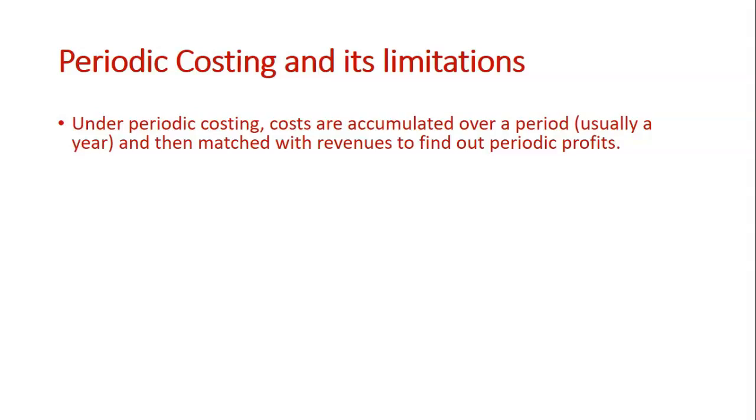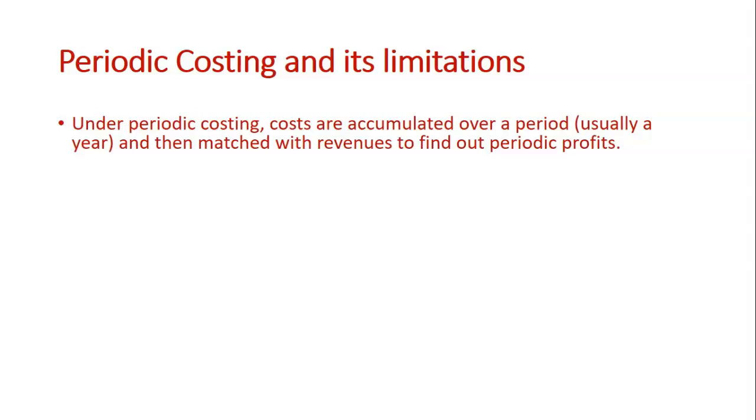One of the reasons we use periodic costing is because costing ultimately feeds the financial statements. In financial statements, we need to prepare a financial profit and loss statement and balance sheet for a period. So there is a concept of timeliness.